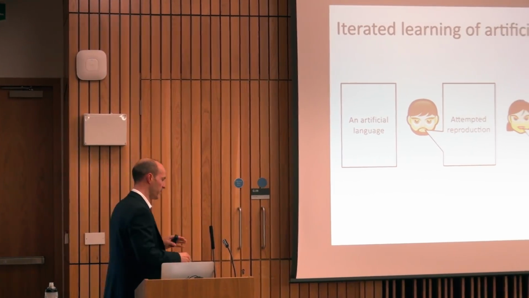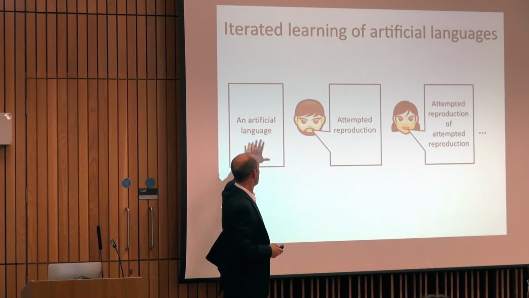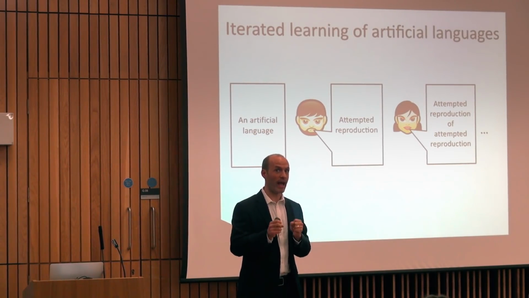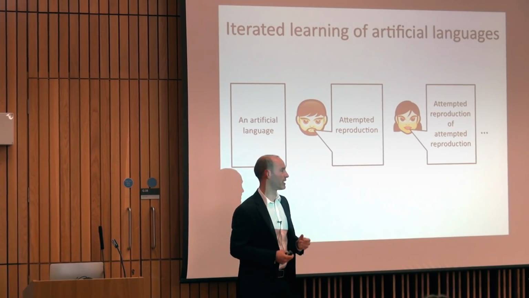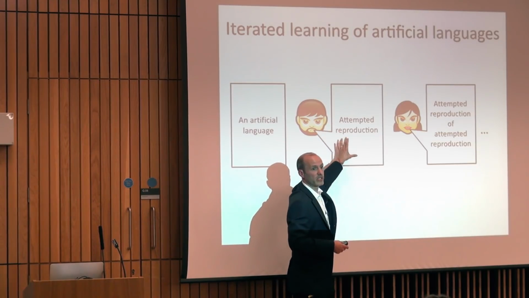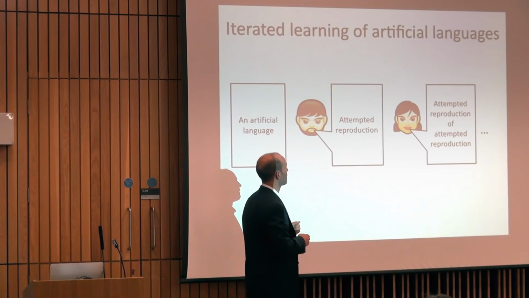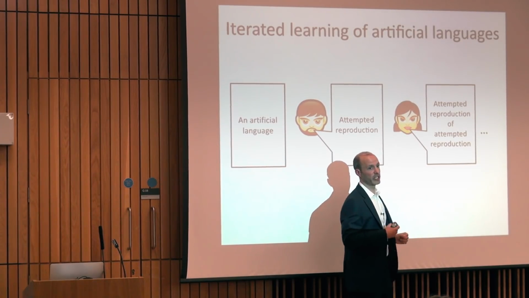We do these in experiments using human participants and also in simulation, but the basic idea is the same. We take an artificial language, a miniature linguistic system that we've designed to have or lack certain properties, and we ask an individual to acquire that system, to learn it. And then they attempt to use that system to reproduce it. That gives us a new version of the language, which we can then use as the basis for learning in a second individual in a chain of transmission.